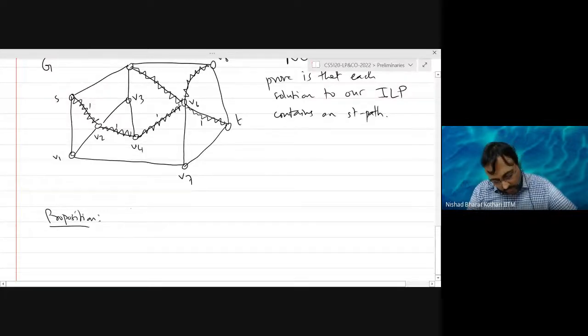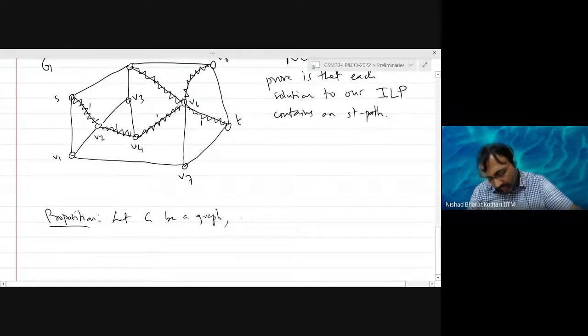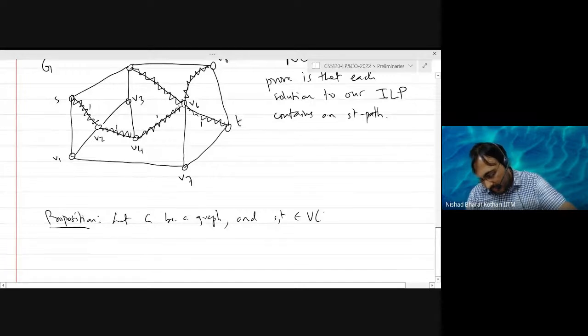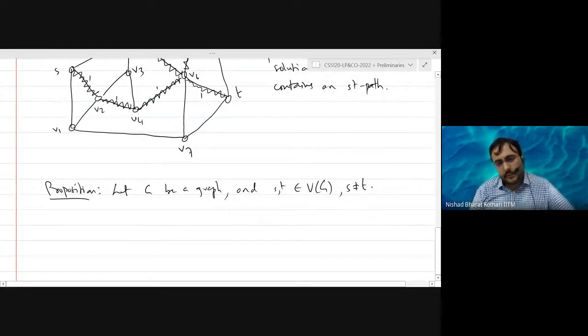So in particular, the graph theory way of looking at it is: let G be a graph, and S and T be distinct vertices, and now consider any set of edges that meets every ST cut.